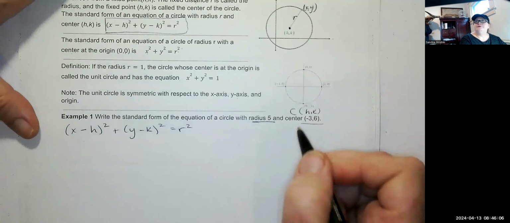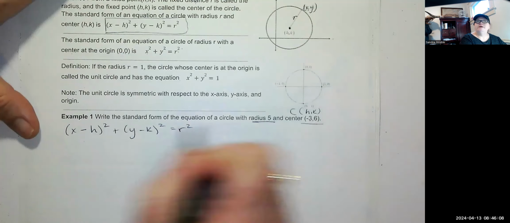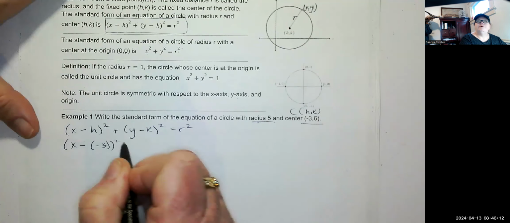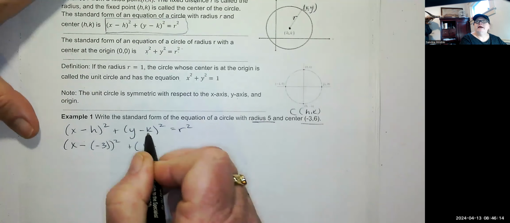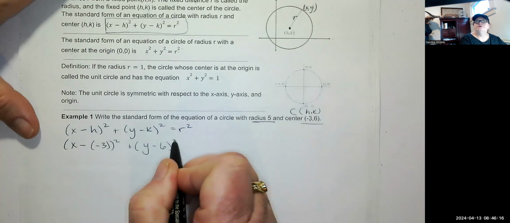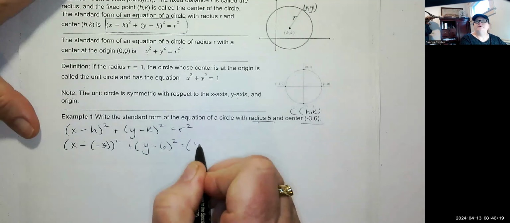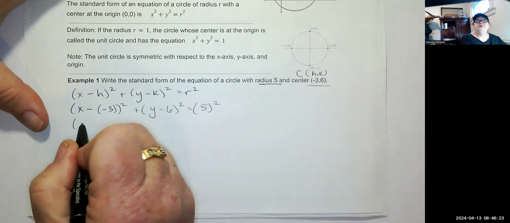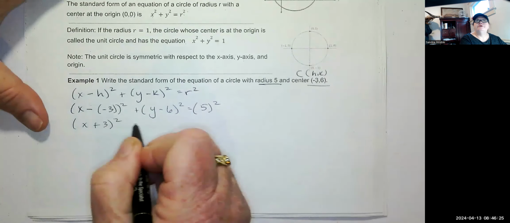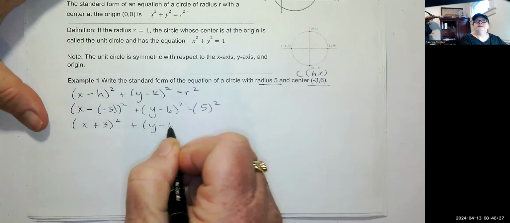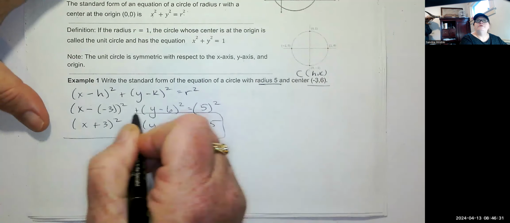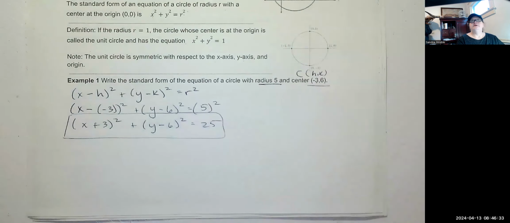I'm just going to substitute the -3 for my h, and then y minus the k, which is 6, squared, is equal to 5 squared. Just going to clean this up a little bit: x plus 3 squared plus y minus 6 squared is equal to 25. I am done. With this, I can find how to graph that.